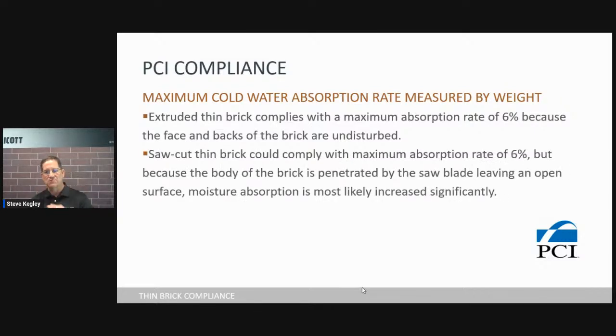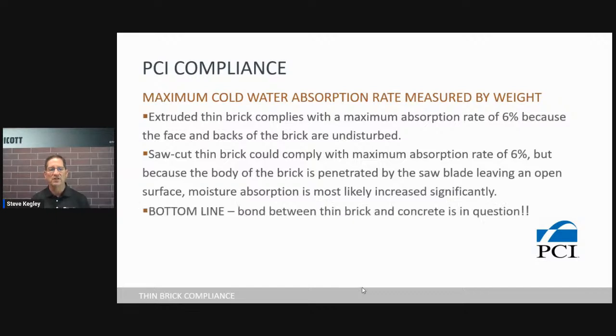So that maximum absorption rate of 6%, because the body of the material is disturbed by that saw blade and it leaves an open surface, there is an increased possibility that it might have an issue going into the precast into a certain market.